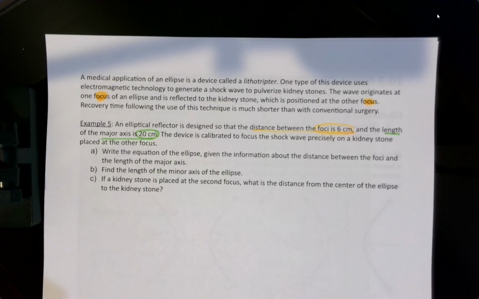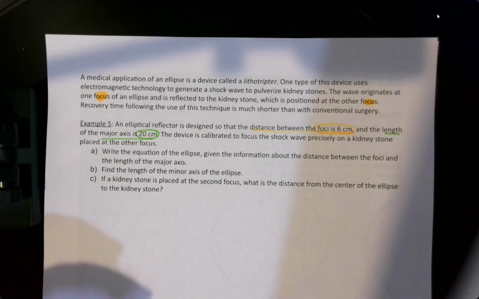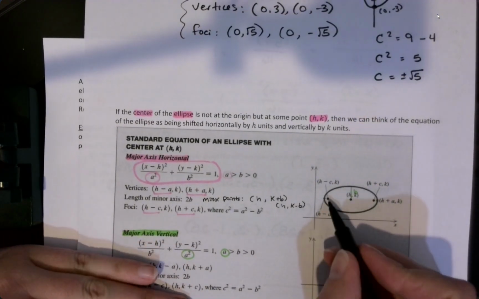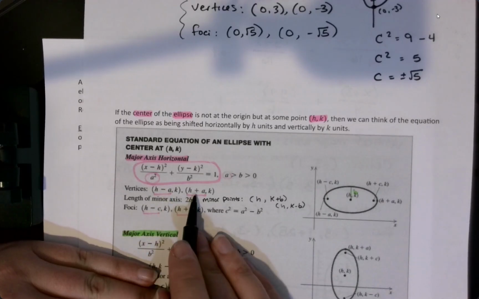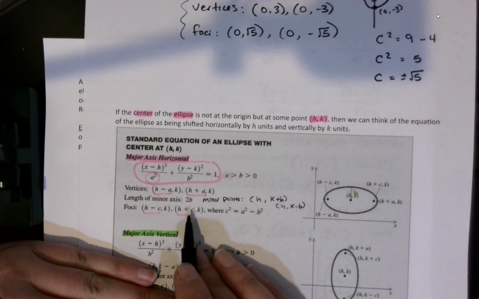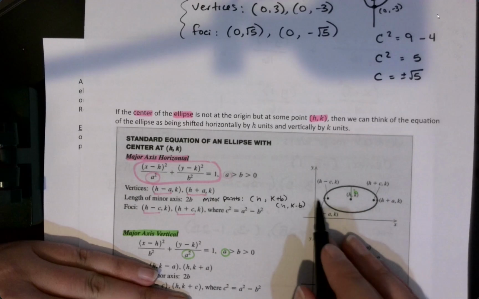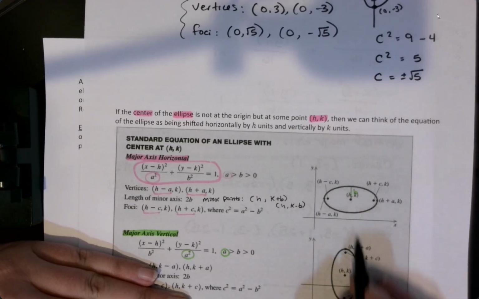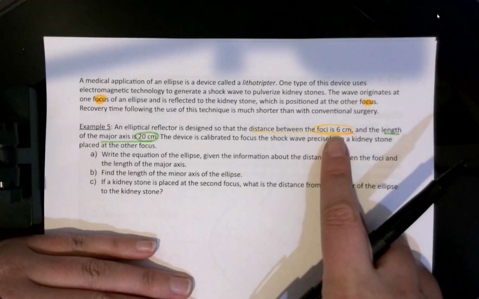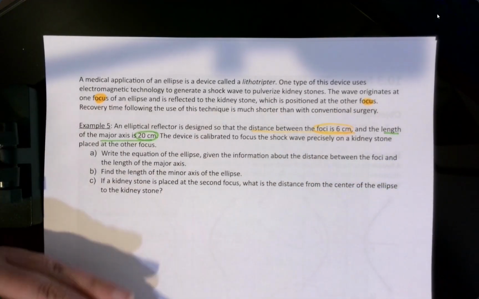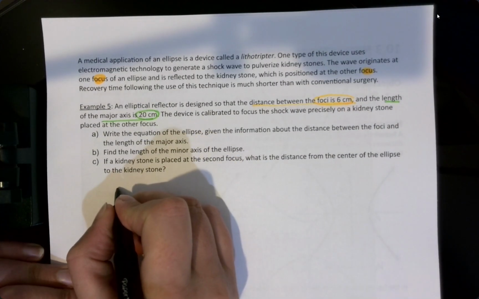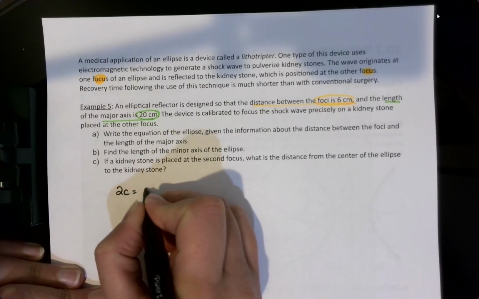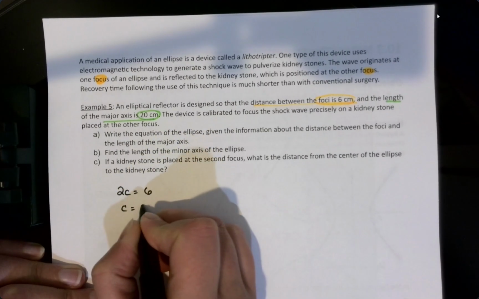Like we talked about before, the distance from the center to the ends of the major axis is a measure of a in either direction, and the distance to the foci is a measure of c in either direction, left, right, or up, down. So if I have the distance between the foci, I have twice the distance I need to go. So my c value is going to be 3.